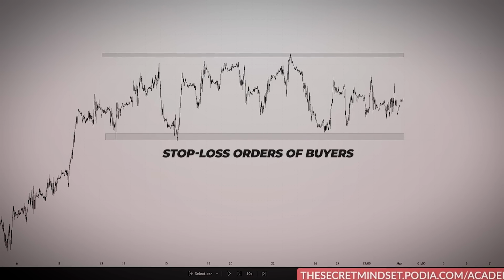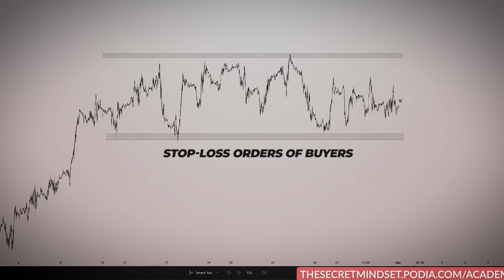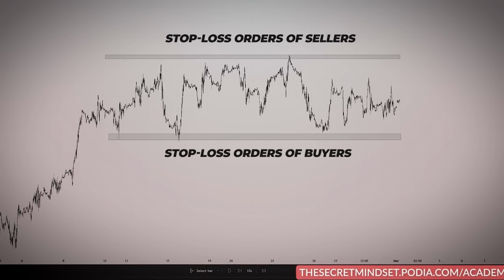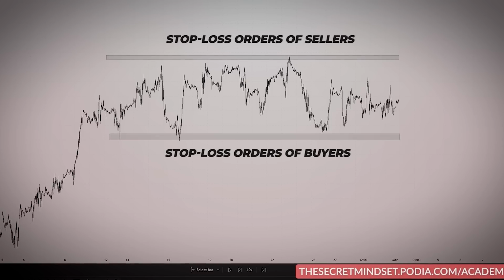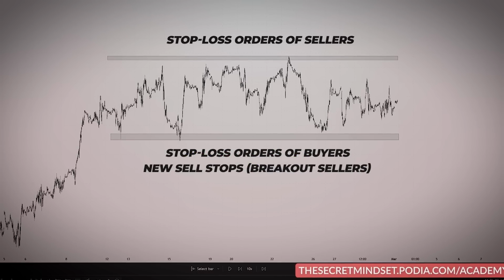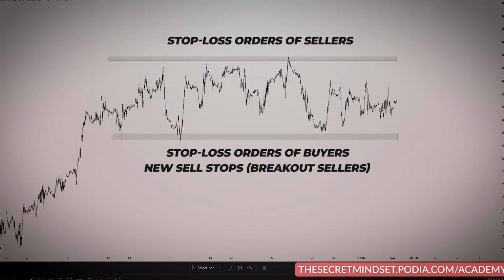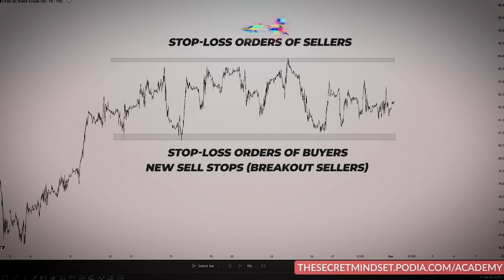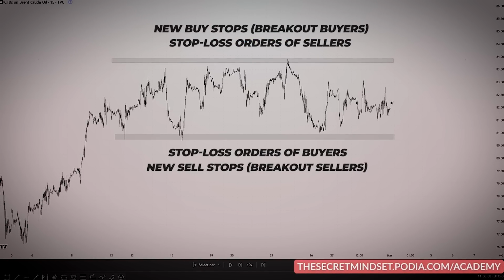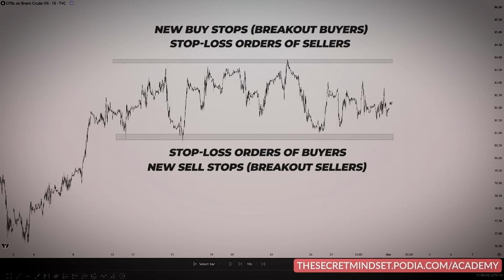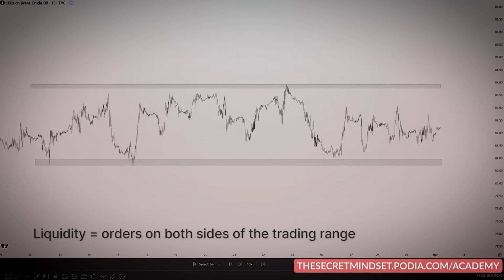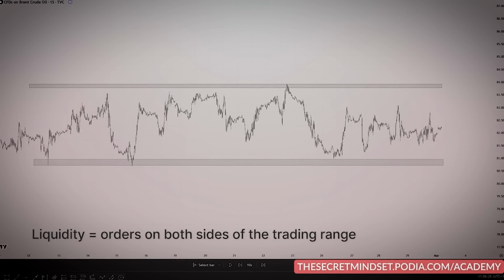Below the support level, there are stop-loss orders of buyers, and above the resistance level, there are stop-loss orders of sellers. When the market breaks below the support level, new sell trades are triggered by traders expecting a continuation of the breakout. A break above the resistance level activates new buy trades. So liquidity refers to the orders on both sides of the trading range.